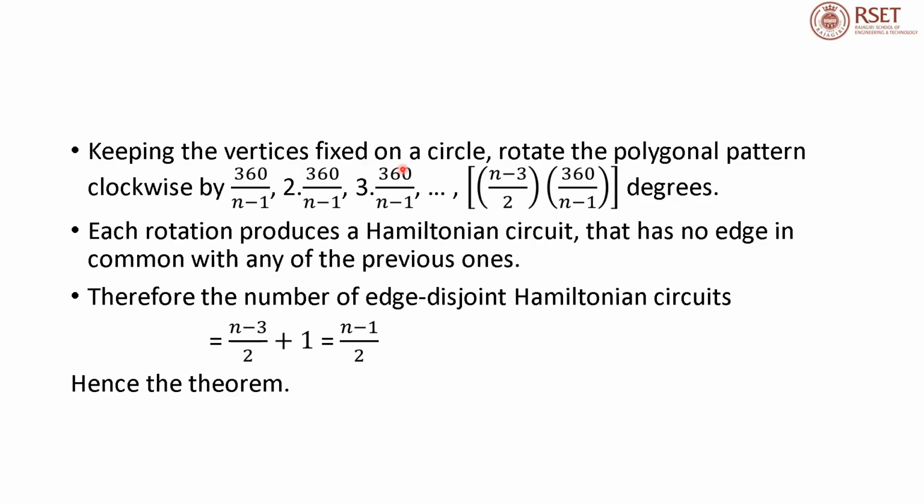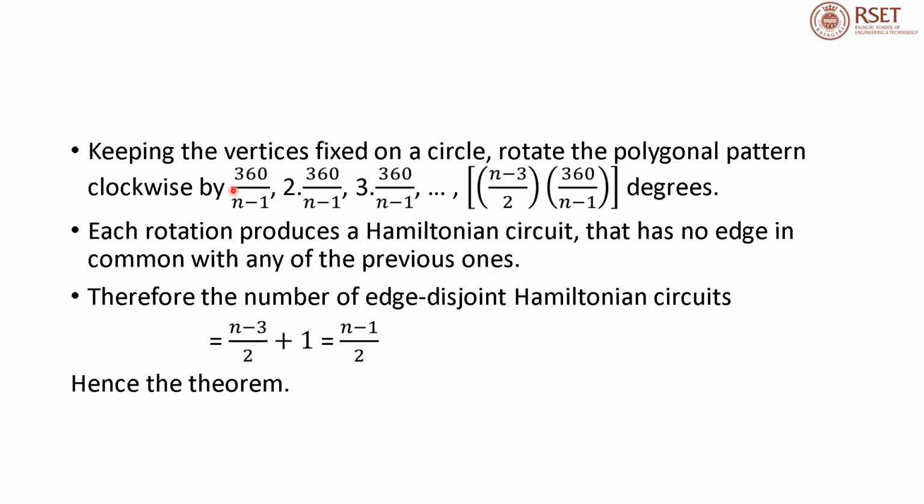Keeping the vertex fixed on the circle, rotate the polygon pattern clockwise by 2 pi by (n minus 1), 2 times 2 pi by (n minus 1), and so on, up to (n minus 3)/2 times 2 pi by (n minus 1). Each rotation produces a Hamiltonian circuit that has no edges in common with any of the previous ones.